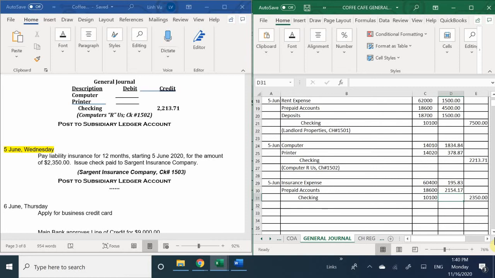All right. So first things first, what do I need to do first? Well, first you're going to make your note here about what you paid, right? Yes. Okay. So what do you want to add here? Sargent Insurance Company, check number 1503, and prepaid for 12 months or 1 year.